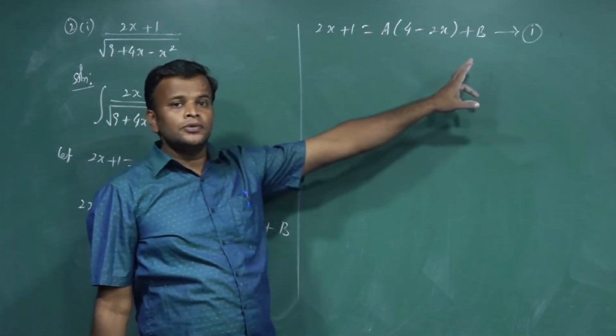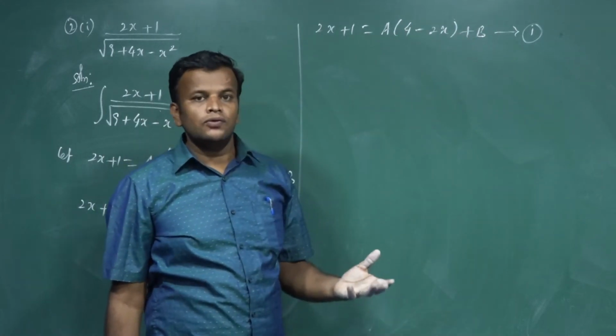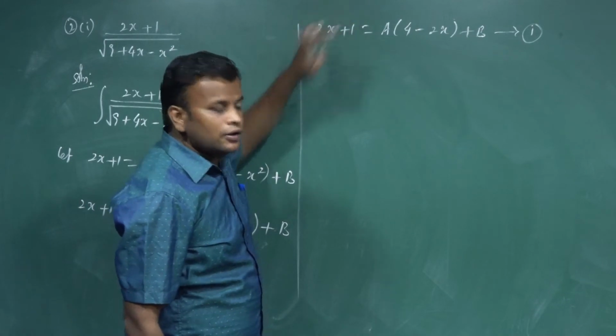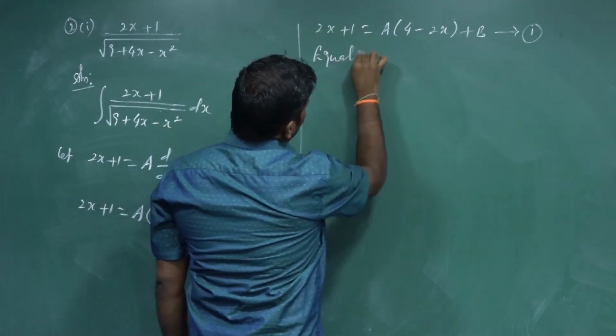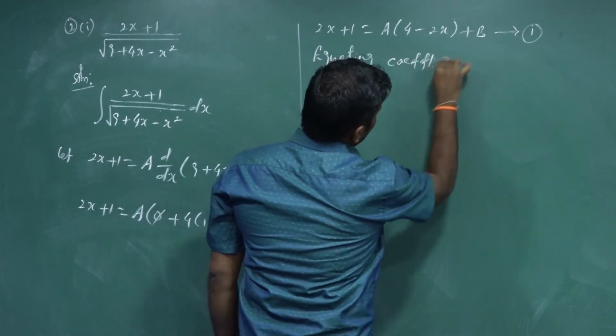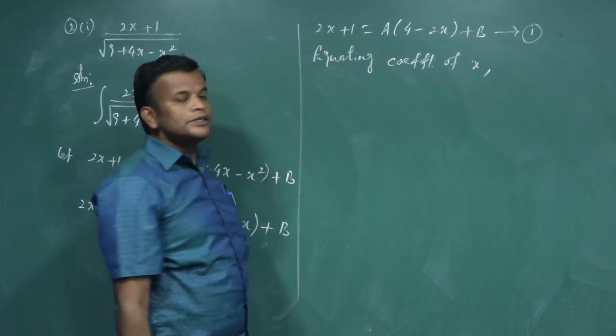Over the next step, to find the value of the unknown constants a and b. How to find? Equating the coefficient of x term and equating the constant. Equating the coefficient of x term. What is the coefficient of x in LHS?